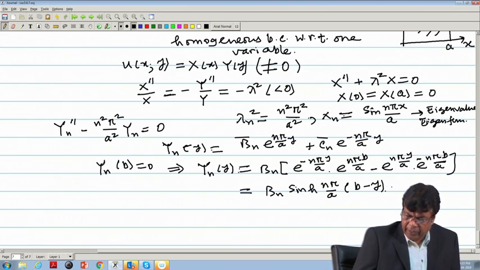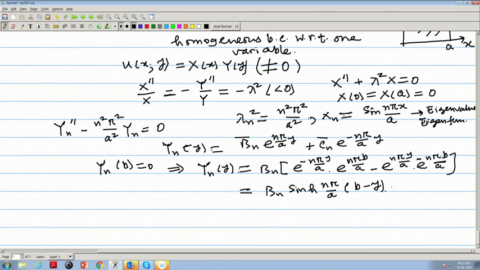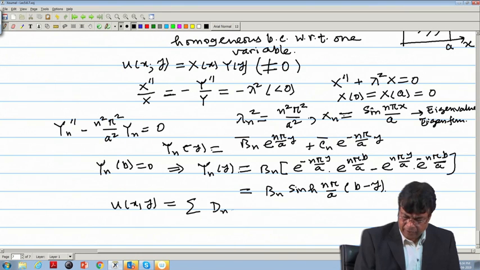So now we have used both, only one condition is left. Both conditions for x are used and one homogeneous condition for y is used. So we can write now u x y in terms of a single constant in this form. Let us call that dn, because Xn is also having a constant. So see Bn and that constant, because all this Un will be multiplied with the constant. So combinedly I can consider only one constant.